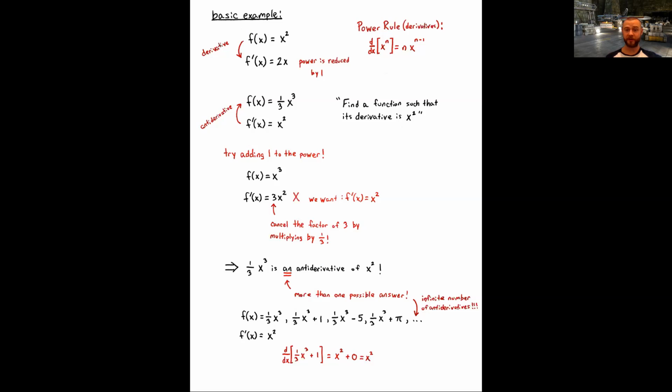How many numbers are there? An infinite amount of them. So the conceptual problem here with antiderivatives is that if there is at least one antiderivative, then the function technically has an infinite amount of antiderivatives. That's very different than the problem of finding a derivative given a function.